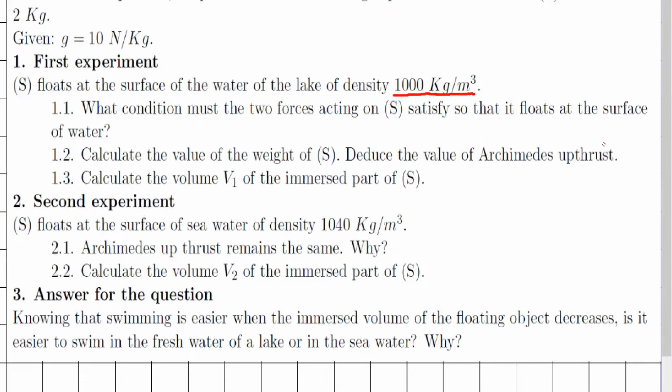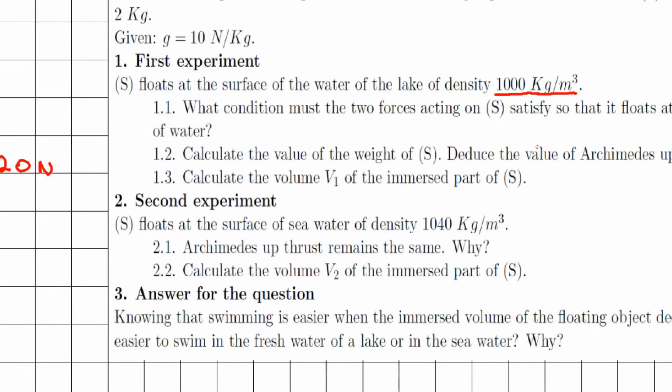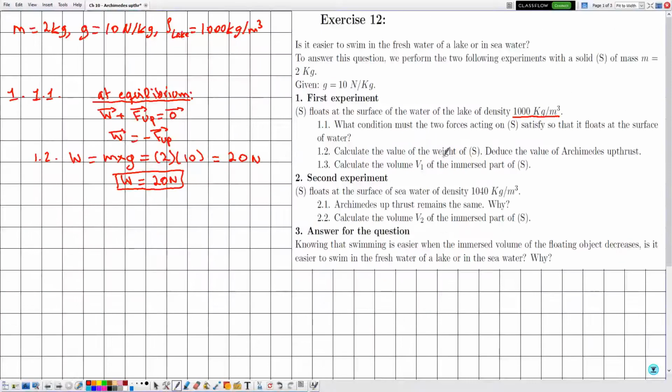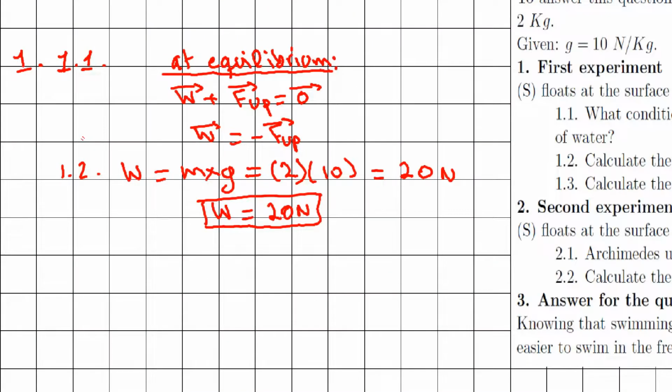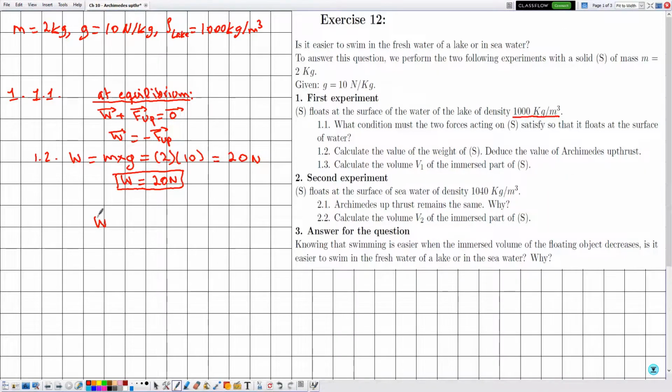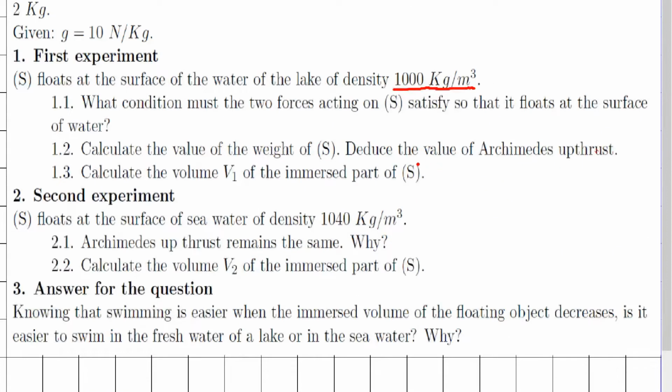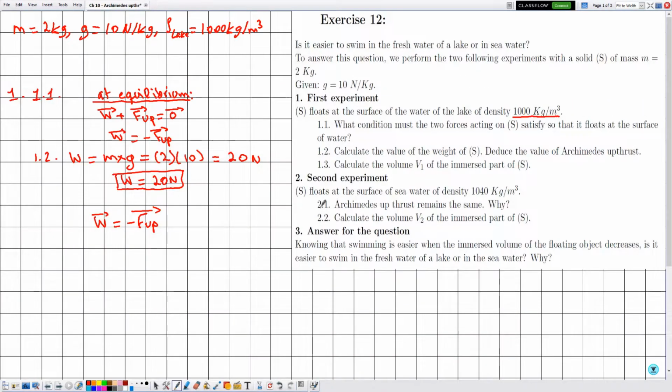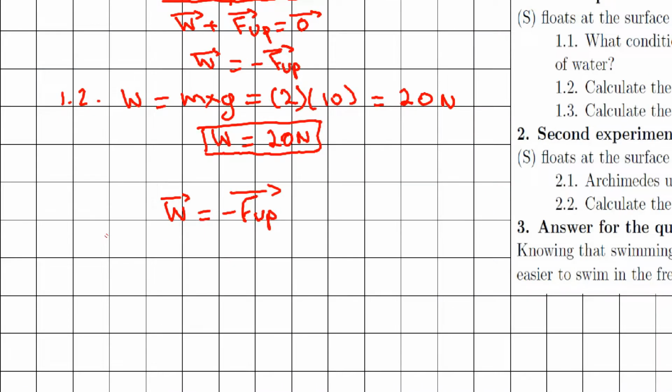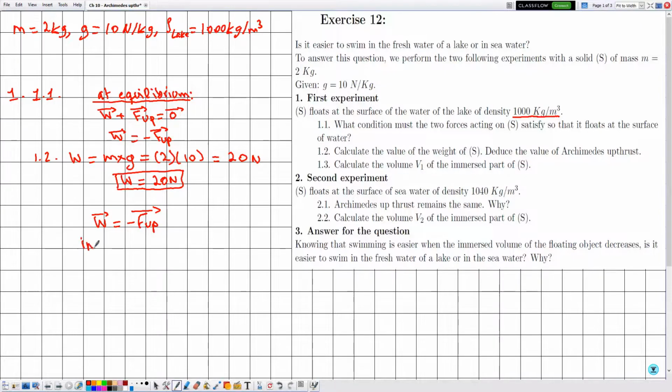Now in the same part they are telling me to deduce the value of Archimedes upthrust, and deduce means that we need to use the part just before. In that part we determined the value of the weight, and knowing that the weight vector is equal to minus F upthrust given by the condition of equilibrium, we are interested in determining the magnitude of F. So let's say in magnitude.